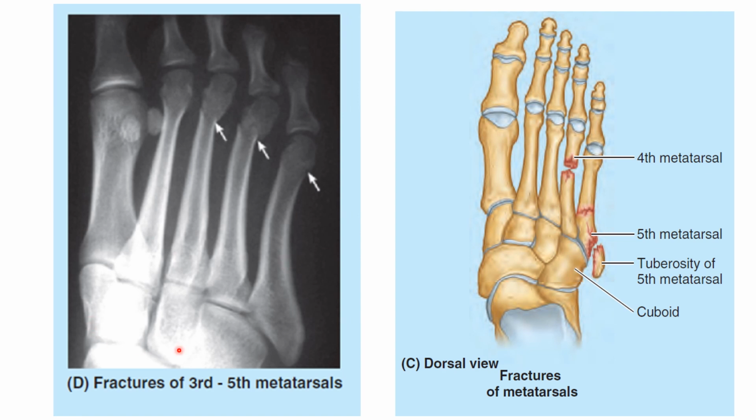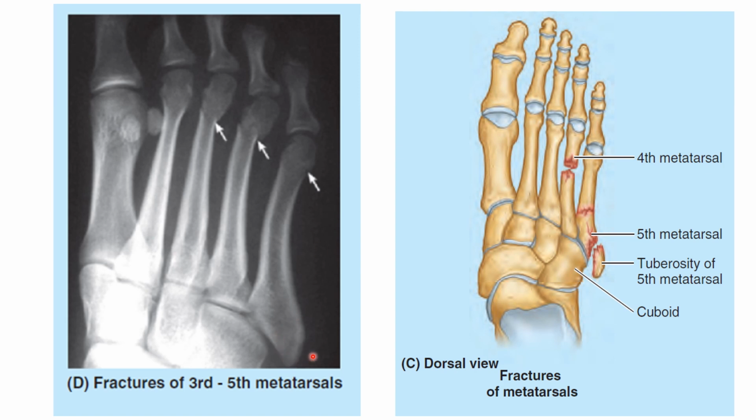In this image here, this is an X-ray of the right foot. This is the first metatarsal bone, and those are the sesamoid bones. This is the second metatarsal bone. This is the third, fourth, and fifth metatarsal bone. There is a fracture line here in the third, fourth, and fifth metatarsal bones.